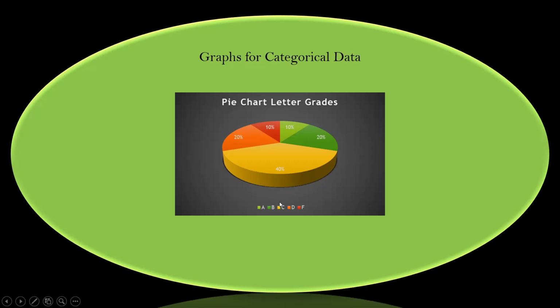If we had 15 or 20 categories, some of the slices of the pie might be so small as to be uninterpretable. You couldn't actually see the frequency or the percent. And so when you have just a few categories, I think pies are a useful categorical type of graph, but they start running into problems when you have multiple categories.